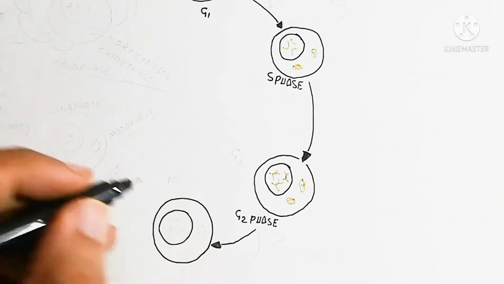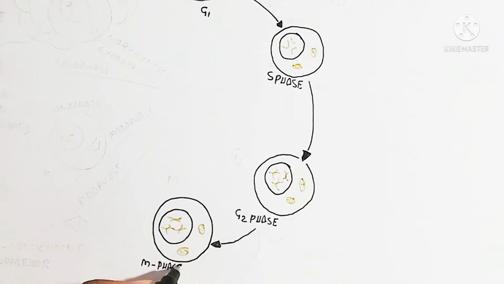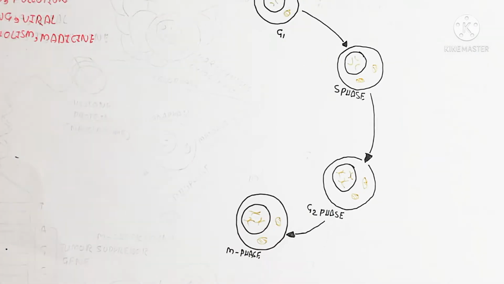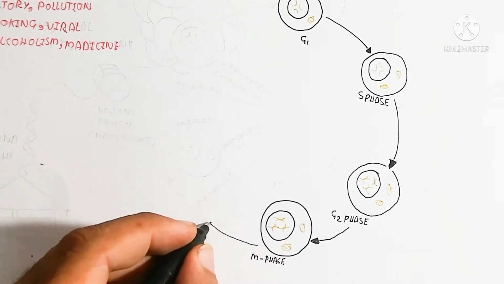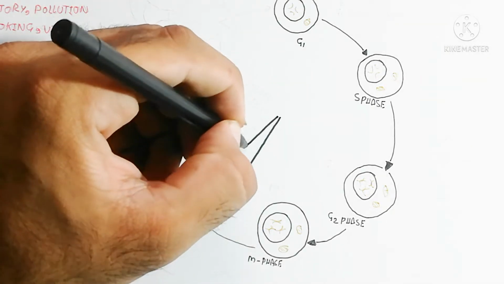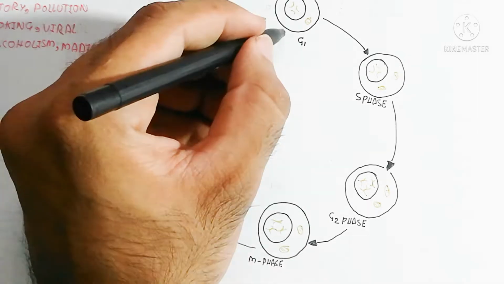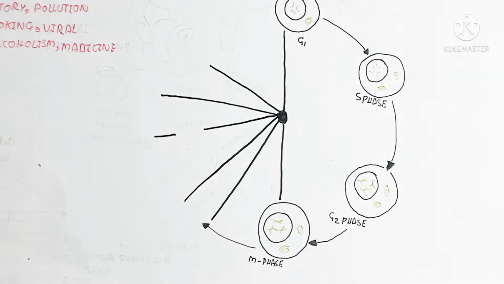The G2 checkpoint checks that the DNA is doubled and correct. If not correct, it leads to apoptosis by another gene, the tumor suppressor gene. So we will also understand the tumor suppressor gene.